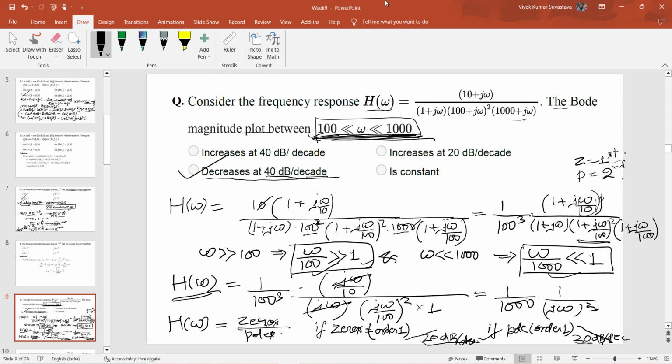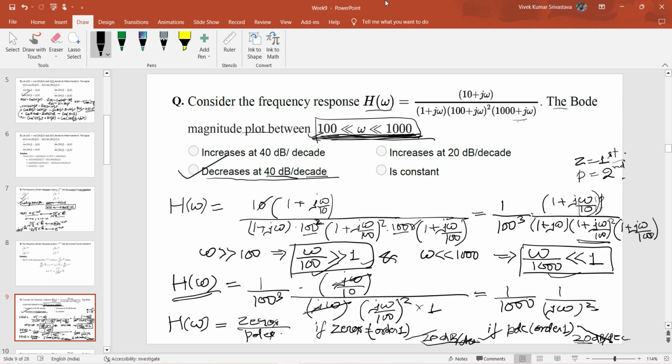So this will result in a net slope of minus 20 dB per decade. This was already covered in the lecture, so it decreases by 20 dB per decade. Yes, right. Okay.